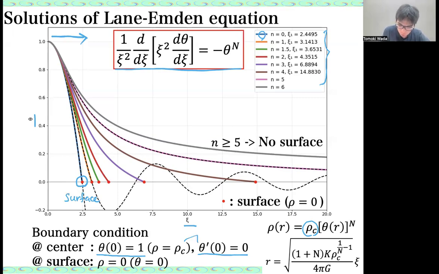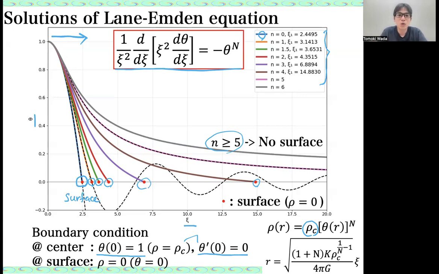And for different n, the position of the stellar surface changes. And when n is larger, when n satisfies this condition, there is no surface solution, no surface for that system.